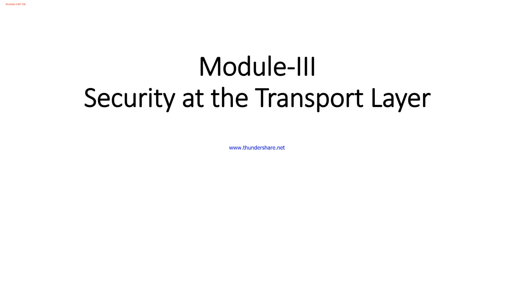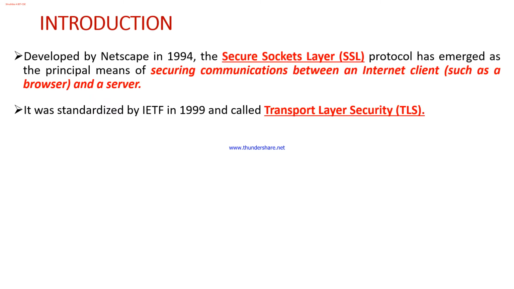Coming to this chapter, you will be studying the Secure Socket Layer protocol in detail: what it is, where it is deployed, and how exactly it works. Coming to SSL, it emerged in the year 1994; the Netscape people developed it, and this protocol is a principal means of securing communication between an internet client, I mean the browser, and a server.